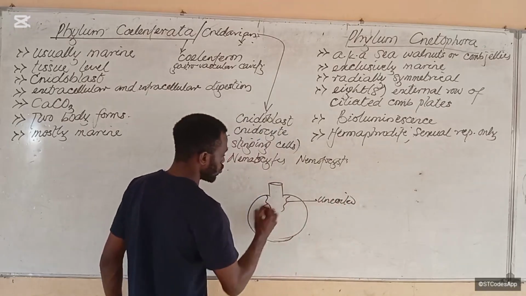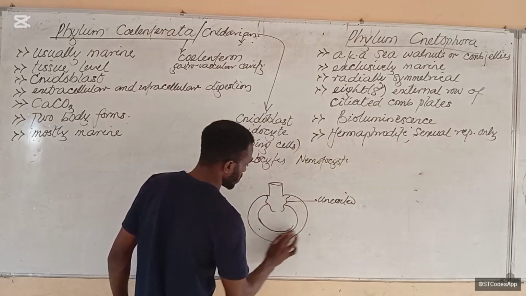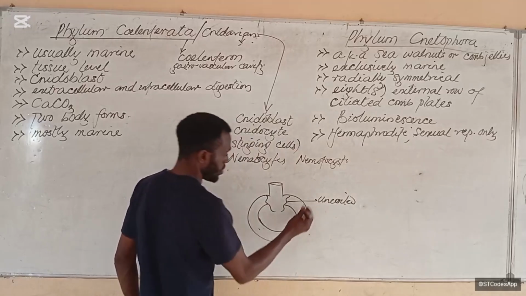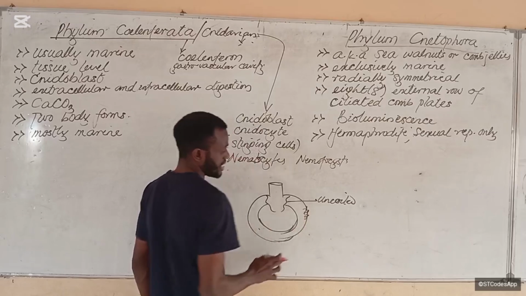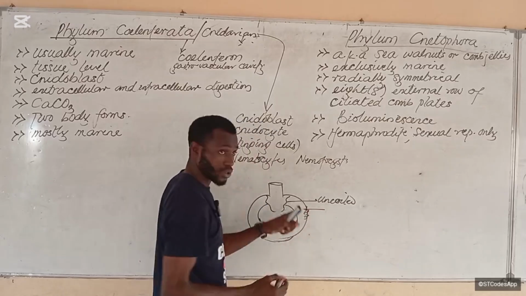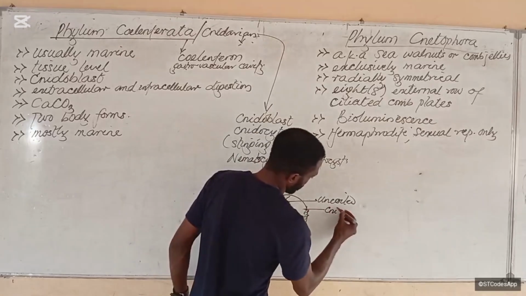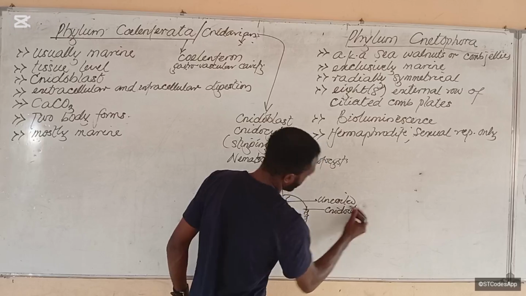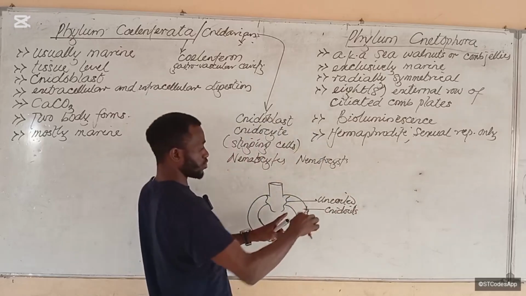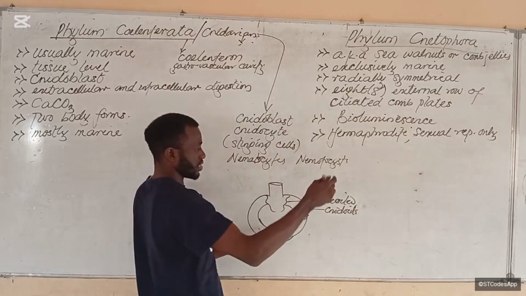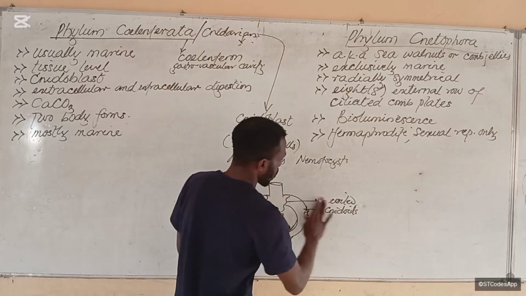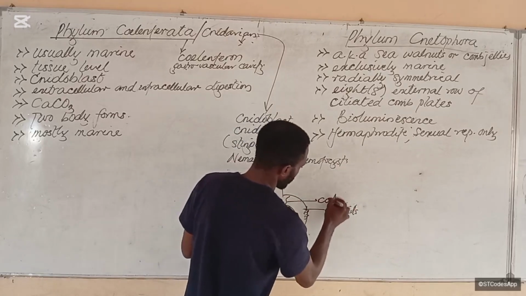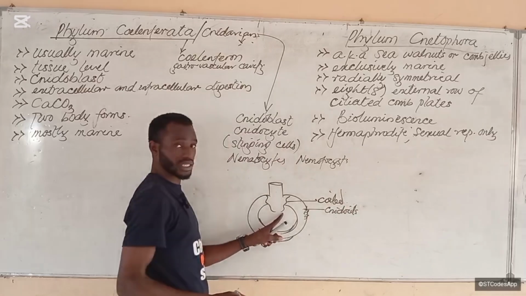Then there are cilia-like structures on it that, when touched, are called cnidocils. When touched, they will stimulate the uncoiling of this thing. These are the coiled stinging cells.